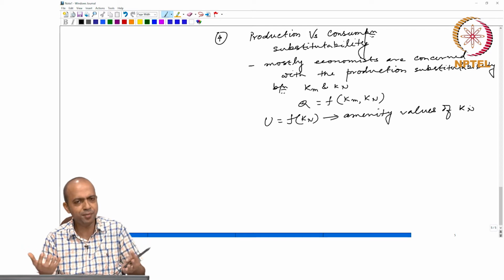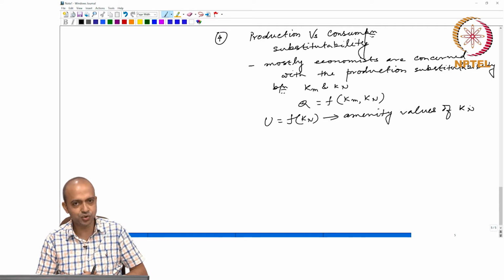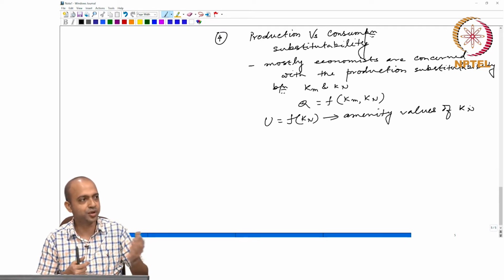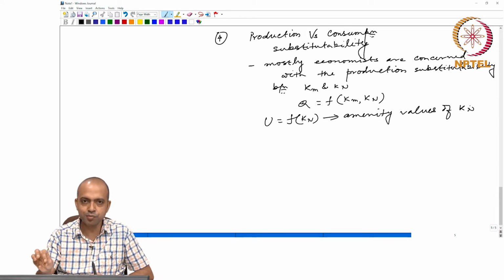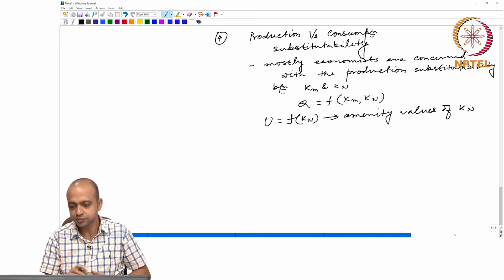That means we derive amenity value, and we cannot get the same amenity value just by looking at a multi-storied building as we do by looking at the river, the wetland, or the beauty of the hilly regions.